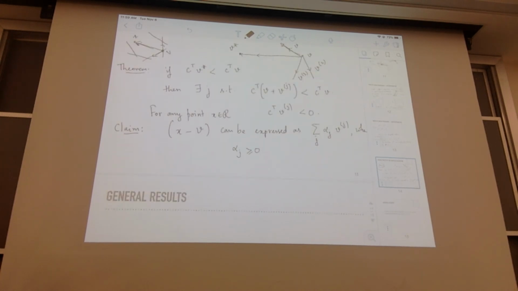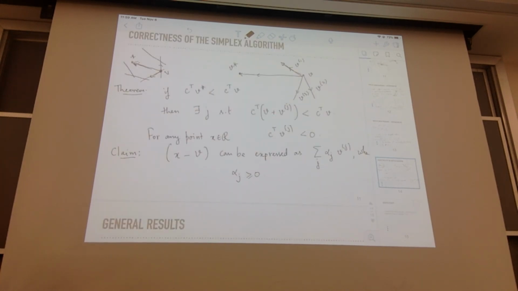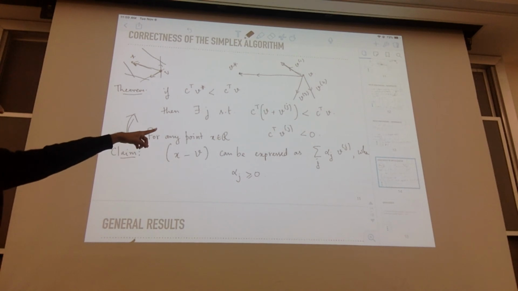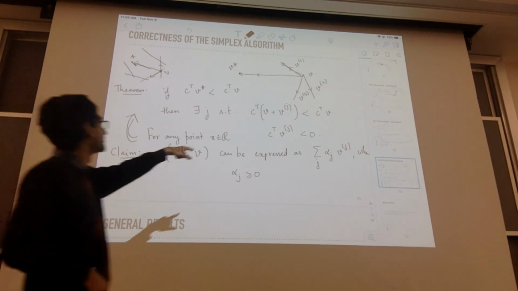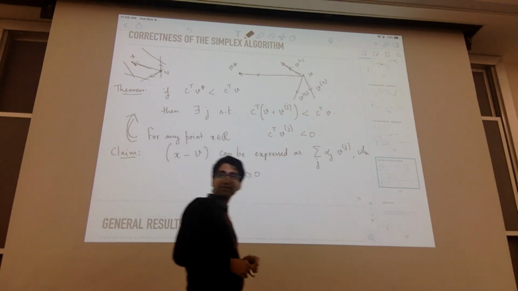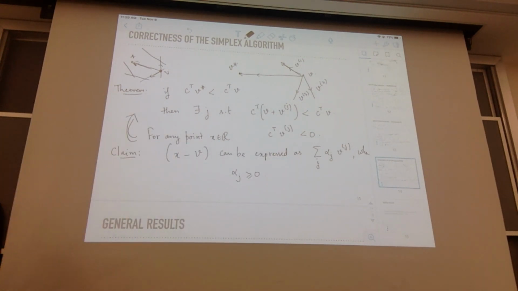But first, if we prove this, I claim that we are done in proving this here. Do you guys see that? If I tell you that V star minus V is some positive combination of these guys, then I claim that this must be true. If you want this to be even more obvious, this is equivalent to saying C transpose times (V star minus V) is less than 0.